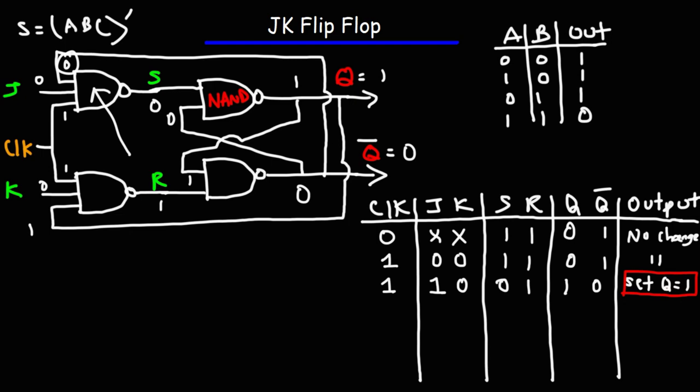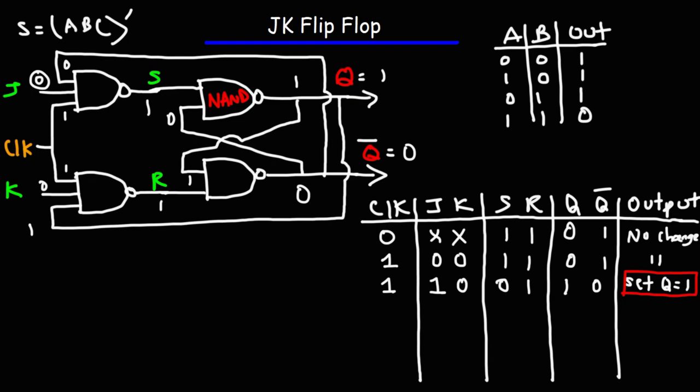S is going to be a 1 now. Remember, the only way we can get S and R to a 0 is if we have 3 1s at the input. So because Q bar is 0, and now this is 0, this NAND gate has been inactivated, which means S is locked into 1. So if you release J to 0, S is still going to be 1.